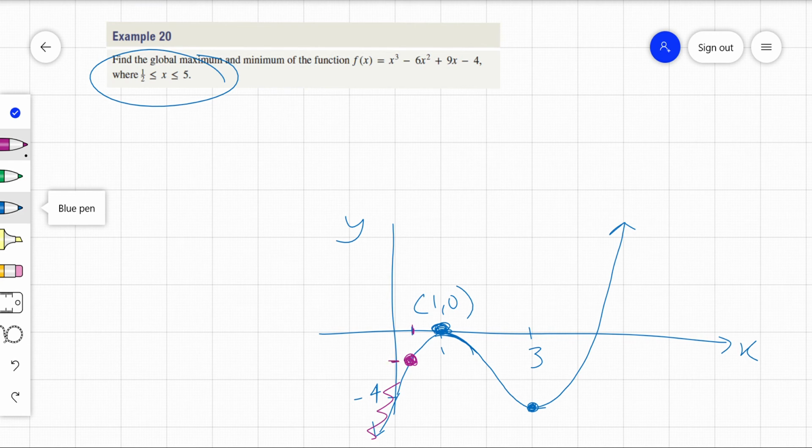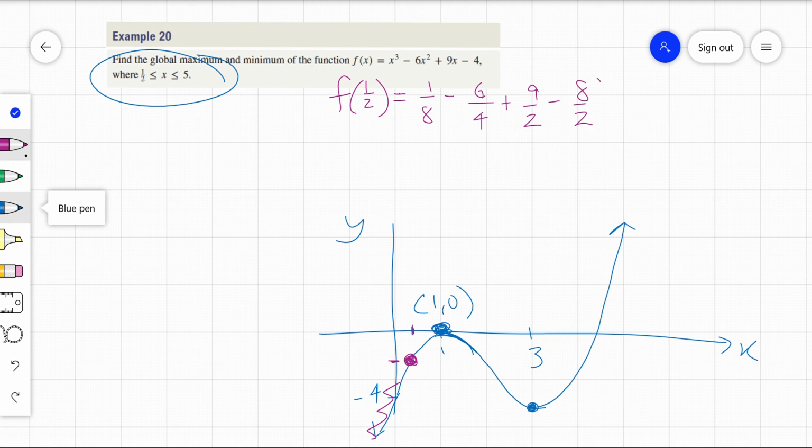So what is my height when I sub a half in here? If you sub a half into there, we get 1 on 8 minus 6 on 4, plus 9 on 2 minus, let's say 8 on 2.